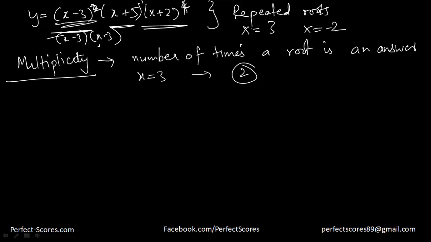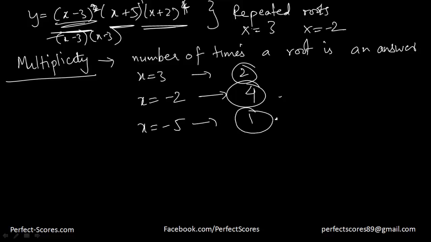So that means the root is coming 2 times. That means the multiplicity of x equal to 3 is 2. Similarly, the multiplicity of x equal to negative 2 is 4. Fine. So that's there. I hope you're able to understand what I'm trying to say here. And again, the multiplicity of x equal to negative 5 is 1.